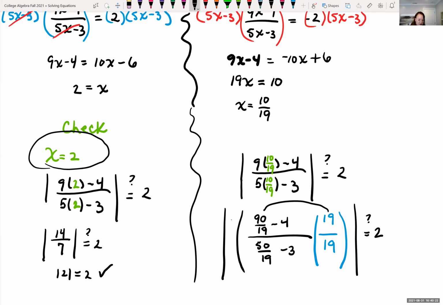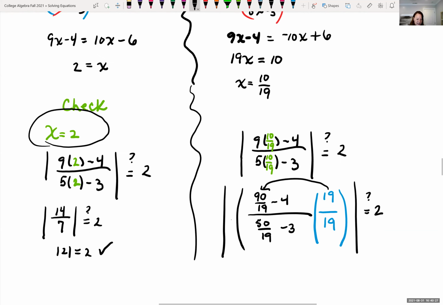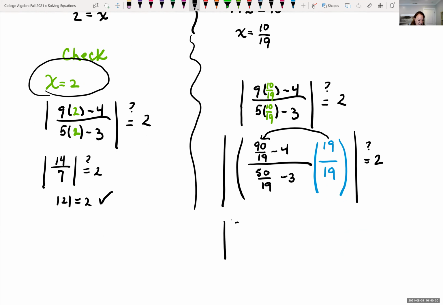So when I distribute 19 to this 90 over 19, that's going to cancel the fraction, and I'm going to be left with just 90 minus, when I distribute the 19 to this 4 though in the numerator, I get 19 times 4. So 90 minus 76 is left in our numerator. All over, if I distribute 19 to the 50 over 19, the 19s cancel and we're just left with 50 minus 3 times 19, which gives us back 57.